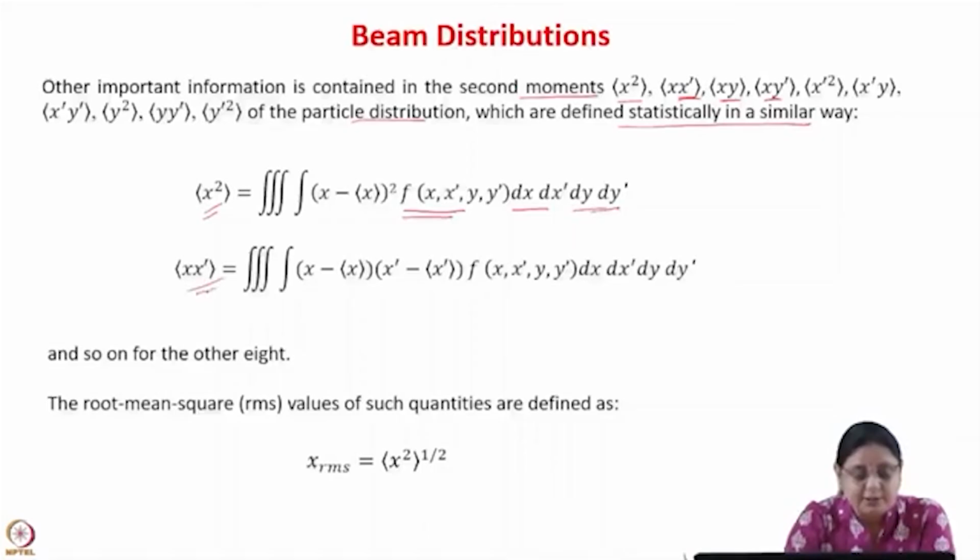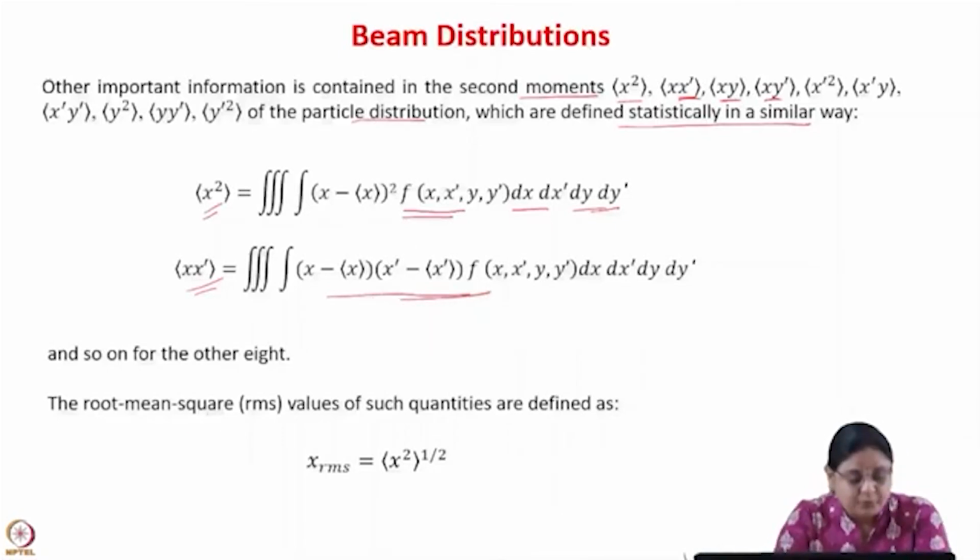Similarly, the second moment of x prime can be defined in this manner, and so on for the other moments. The root mean square values of such quantities are defined as x RMS, so you simply take the square root of the second moment and you can define the root mean square, or RMS, of such quantities.